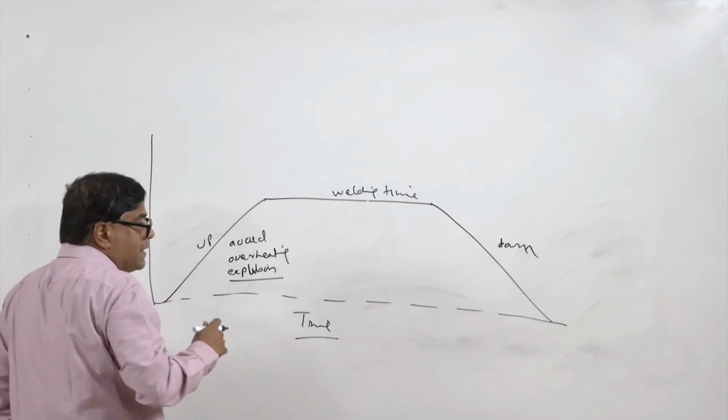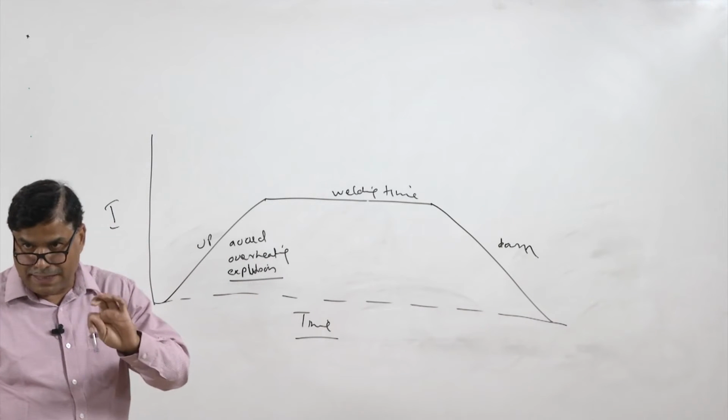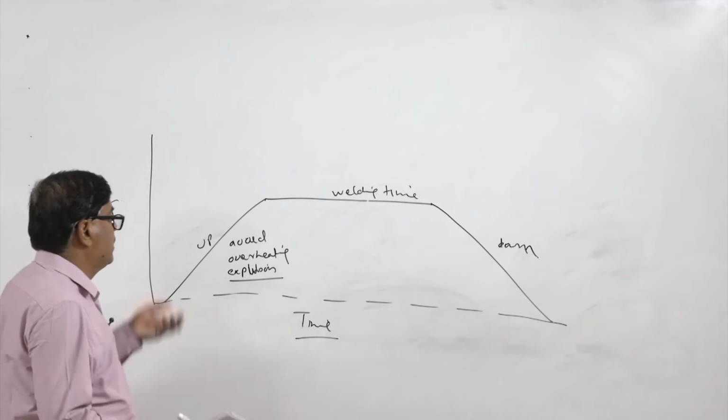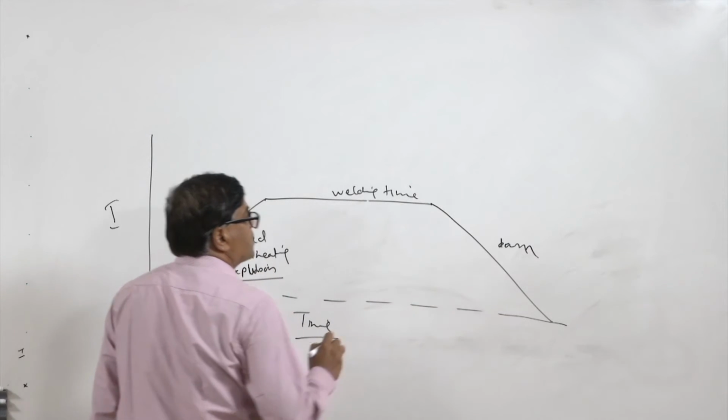If the current is increased rapidly, excessive heat generation at the interface can lead to the formation of molten metal that can start coming out of the interface. So, this expulsion tendency is reduced.